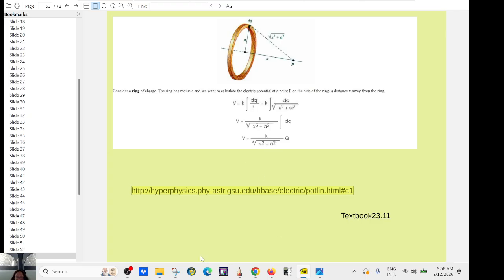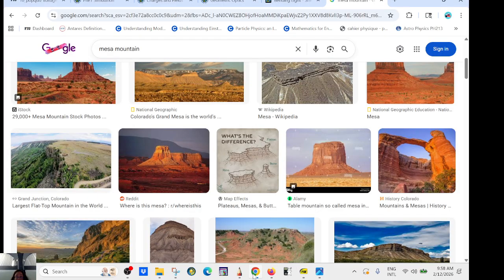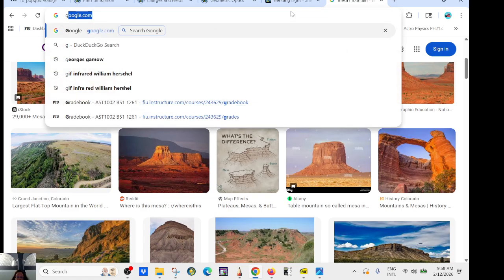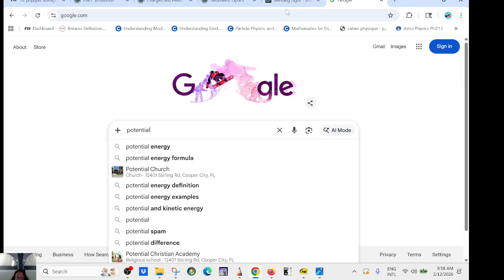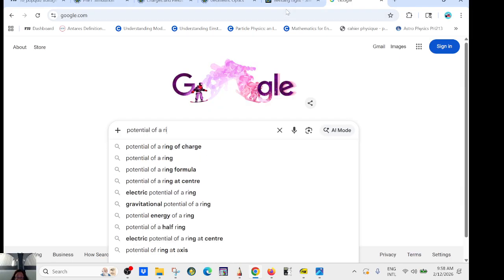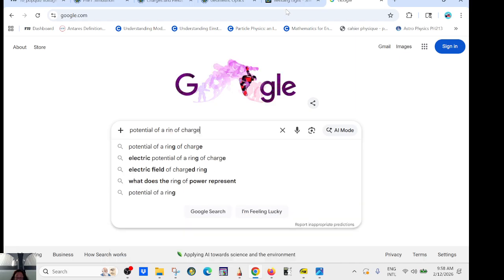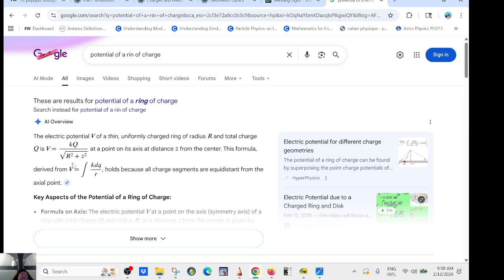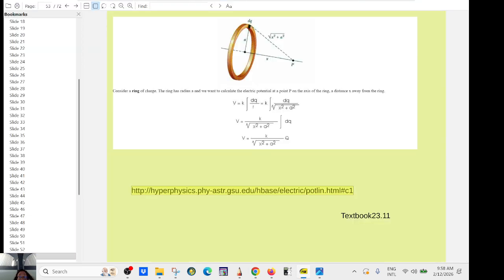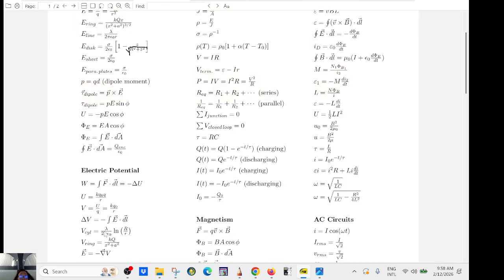It should be the square root. Yeah, there is, thank you. There is a square root here. So they made a mistake. Thank you for bringing that up.